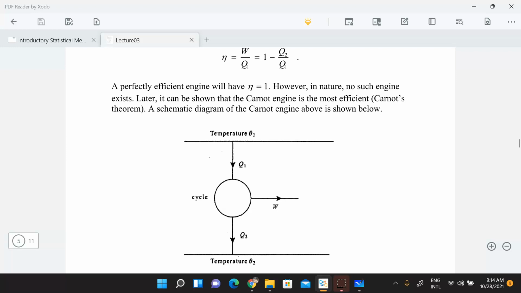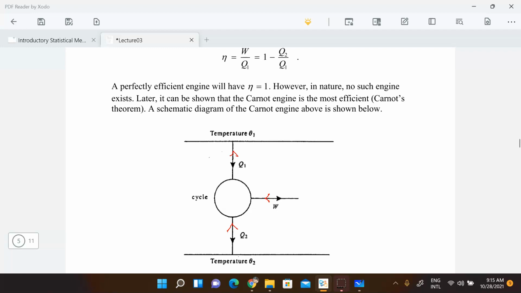One can reverse the process so that this becomes taking heat from the reservoir or heat bath at temperature theta2, and then work is done on the system, and you release Q1 back to the hotter reservoir theta1.